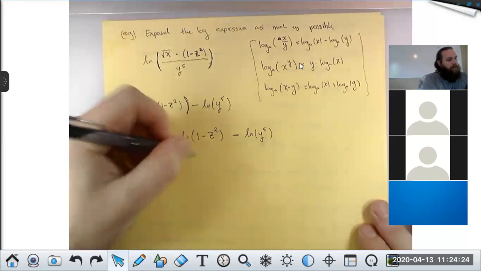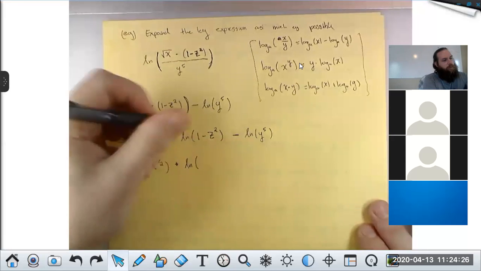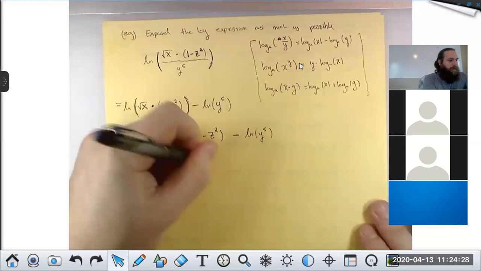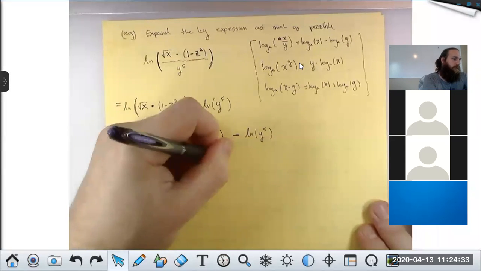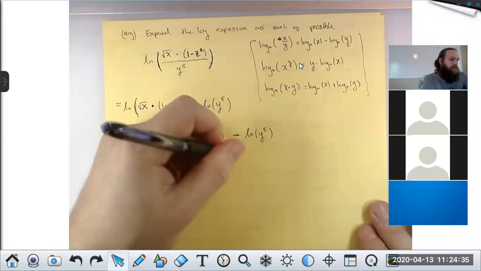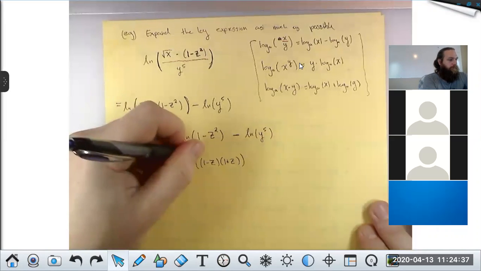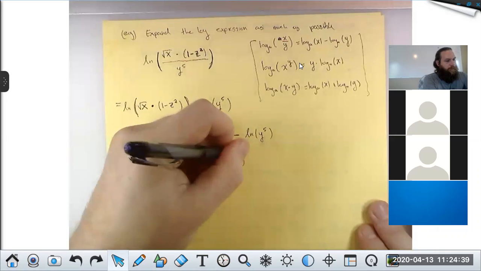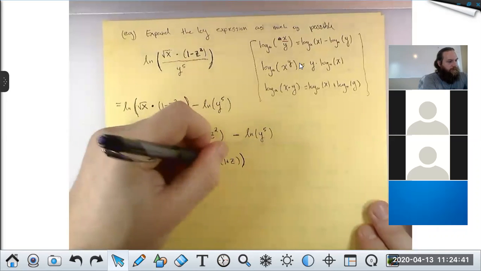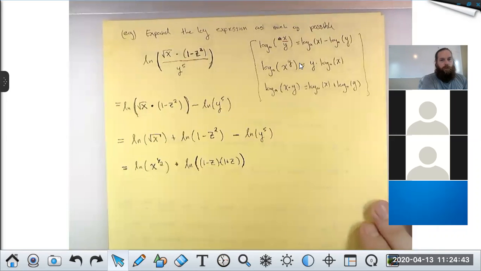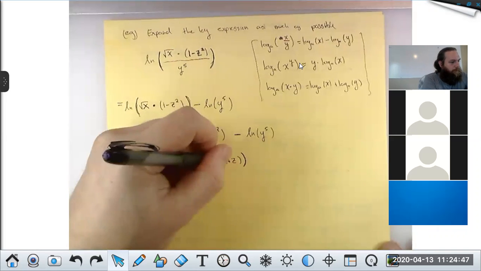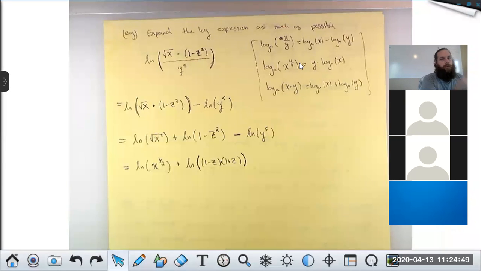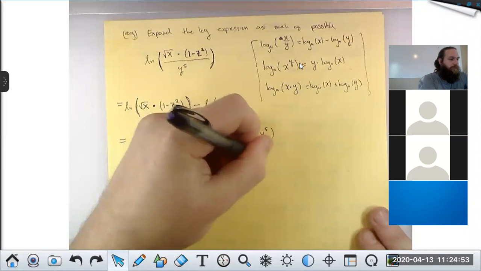I can factor the inside to create multiplication. 1 minus z squared factors as 1 minus z times 1 plus z. So here are the parentheses that tell me what's inside the log. And what's inside the log when I factor that is this product of two things. These are being multiplied. So I'll be able to do something cool with that. And then this ln y to the 5, I'll just leave him hanging out.